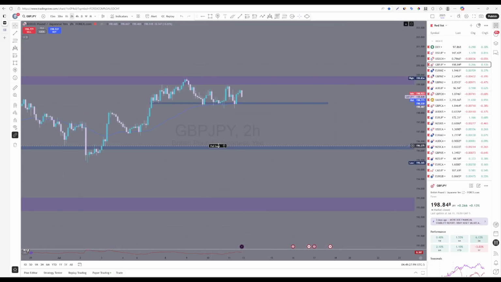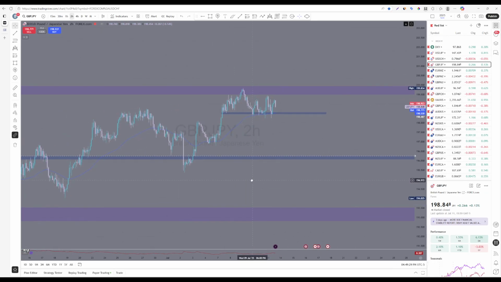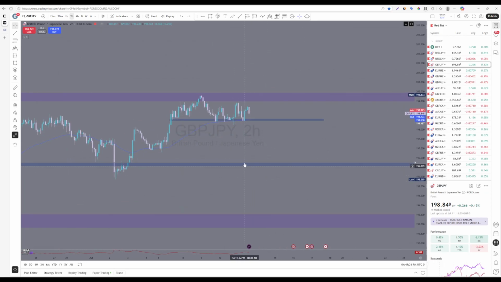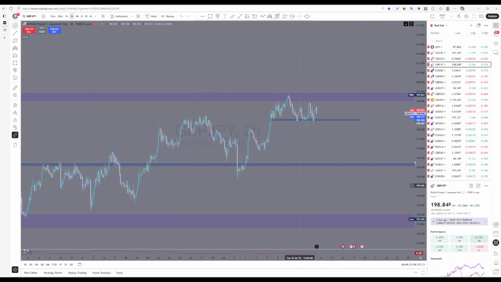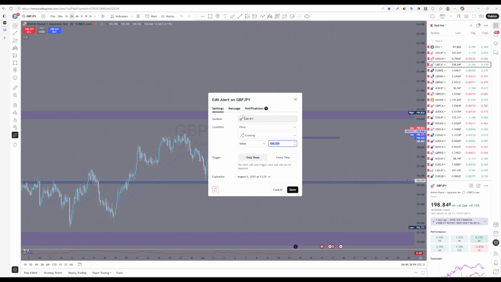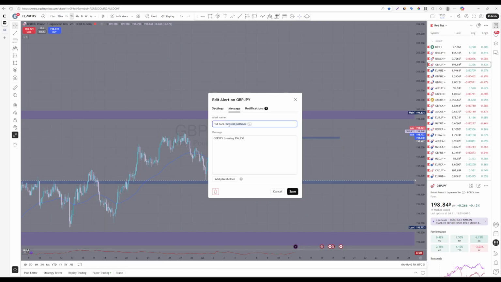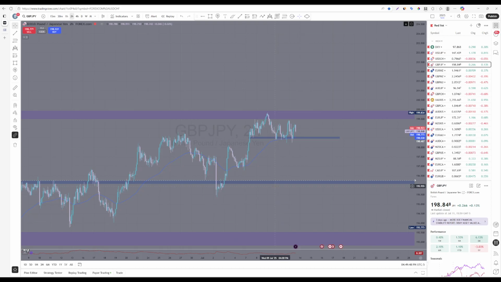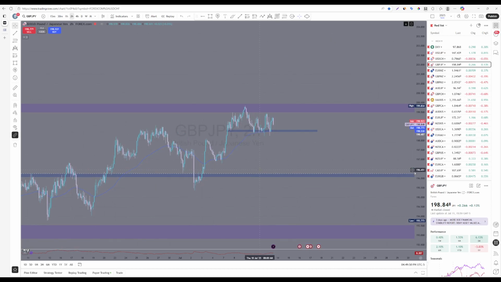And I have this as a pullback because my true intention is to buy. That's what I truly want to do, is buy this pair. But to buy, I need the pullback. So GJ, I'm looking for a counter trend trade to buy.